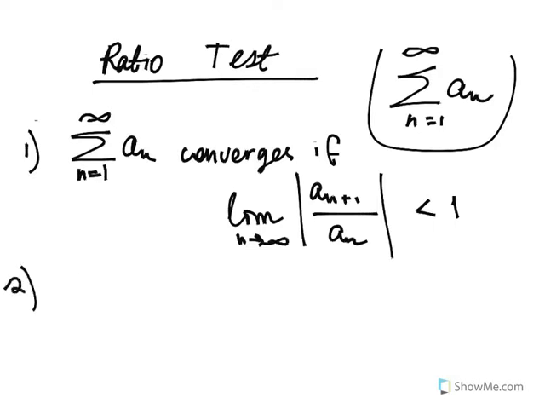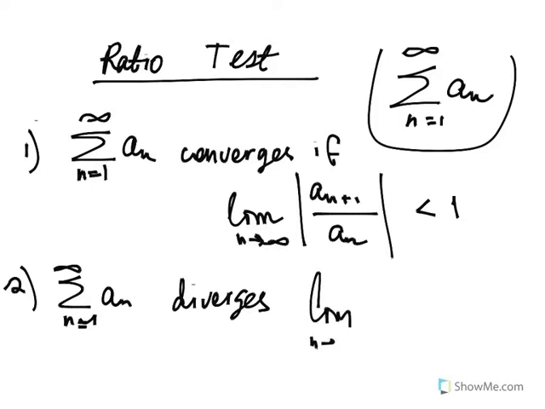The second statement, it diverges if the limit of this same ratio is greater than 1.